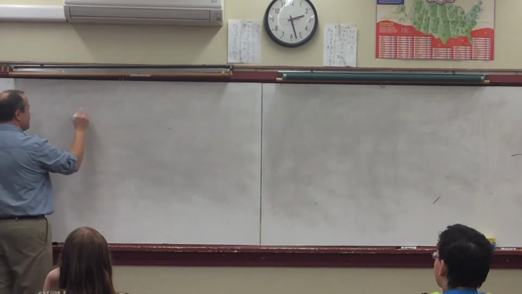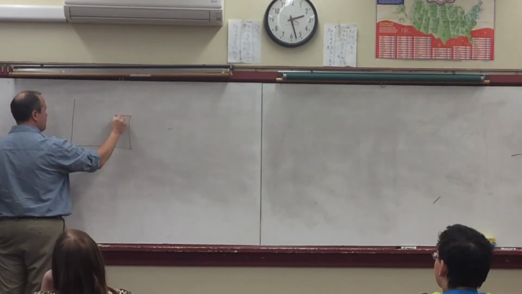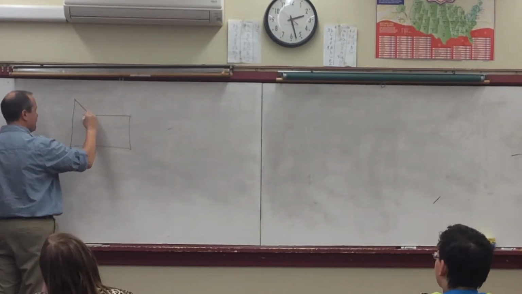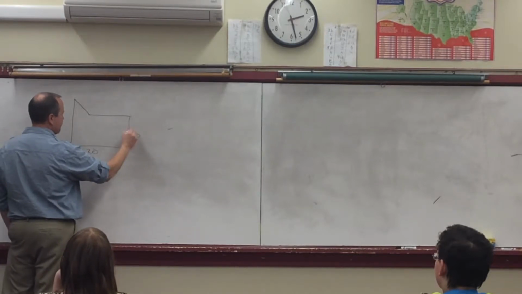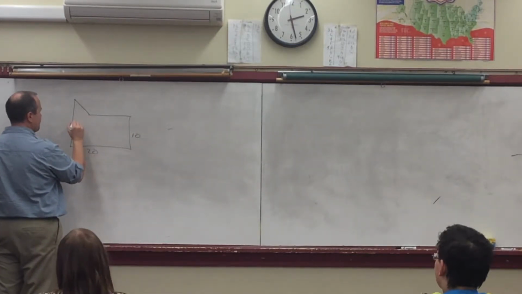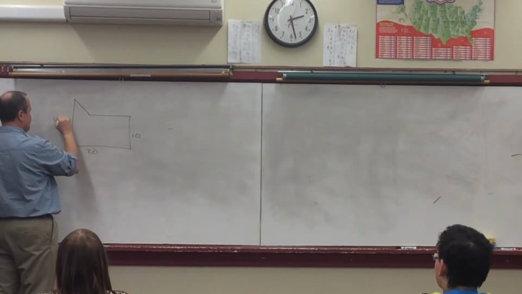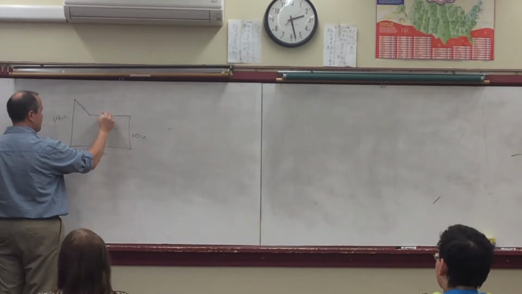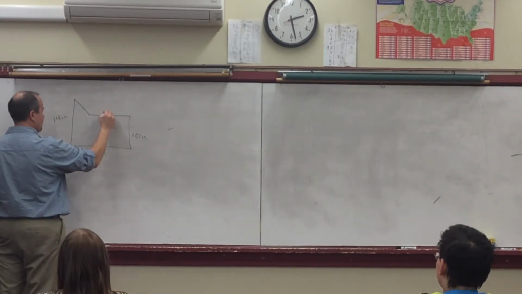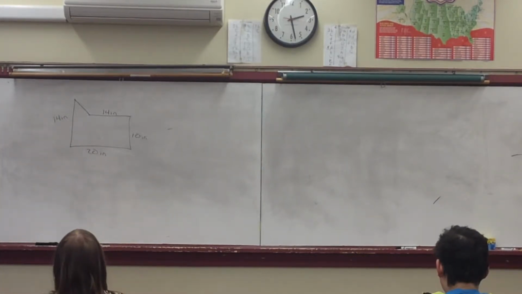When we have odd shapes, what we want to do is we want to make triangles and rectangles out of that shape.